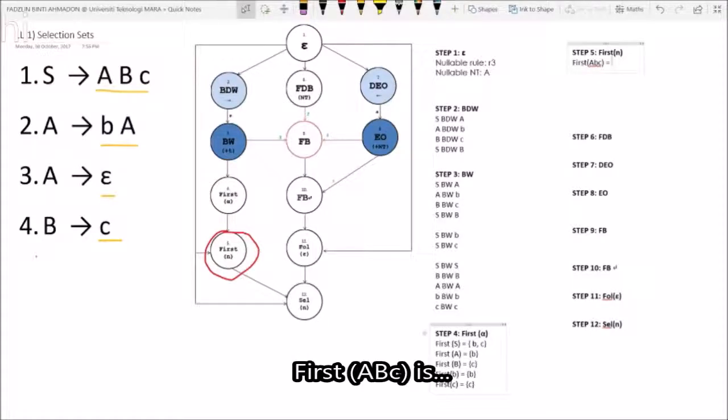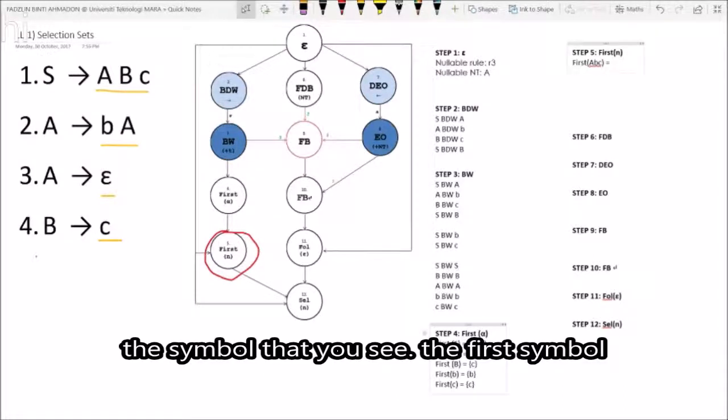First ABC is the first for the symbol that you see, the first symbol.